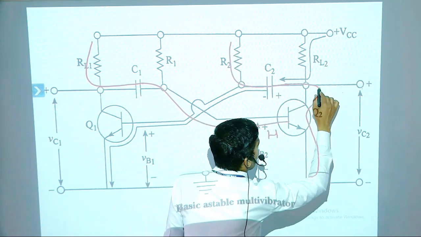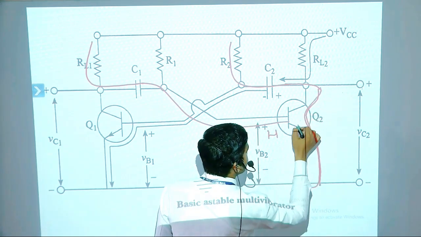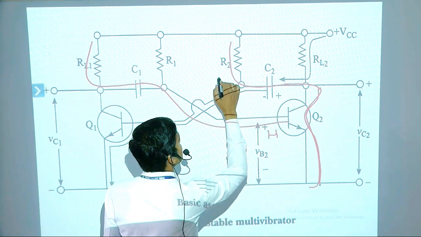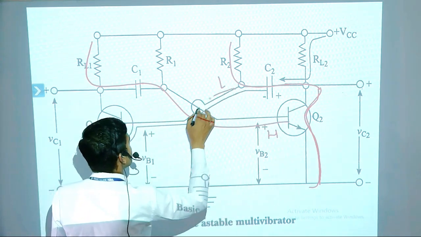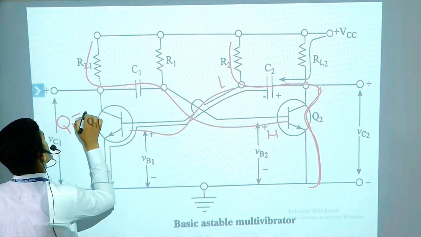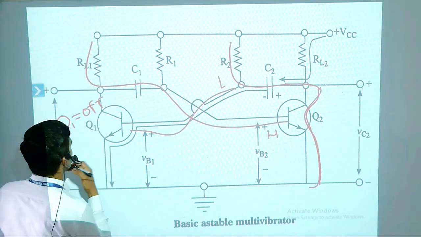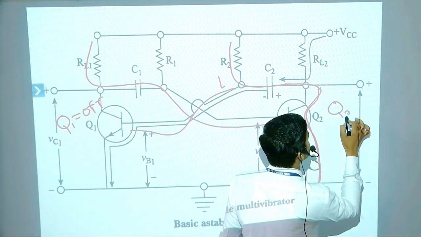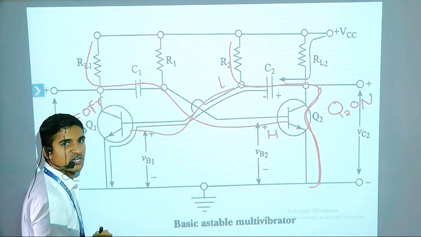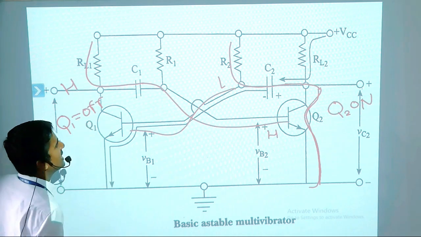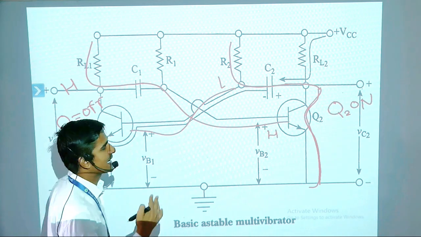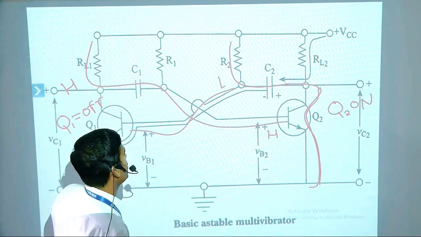The resultant signal is low. When this low signal goes to the base of transistor Q1, then transistor Q1 is off. Transistor Q1 is off and transistor Q2 is on. The resultant collector signal of transistor Q1 is high. These are the two conditions. First, Q1 is on, Q2 is off. Second, Q2 is on, Q1 is off.